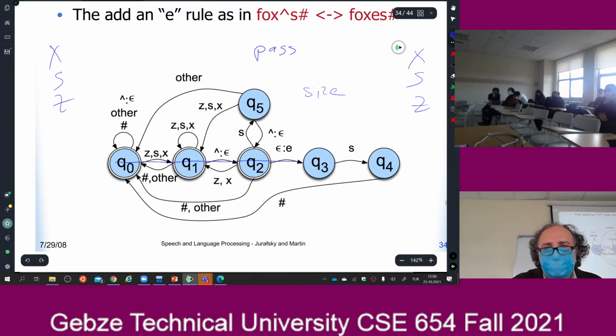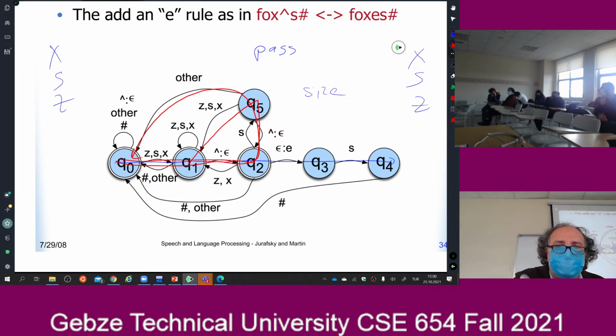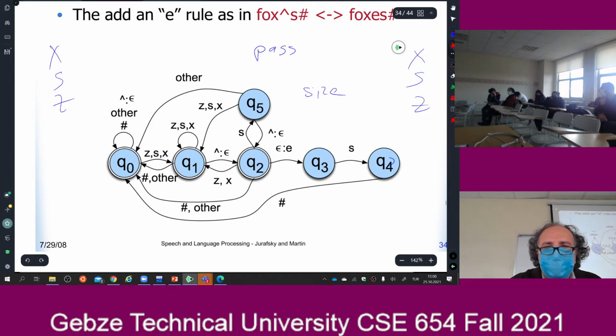This is the path for the E, and I did not get this part. Oh, I think I don't have to come back. I can move out with an empty transition. And with an S, I need an S in here. And I can come back.